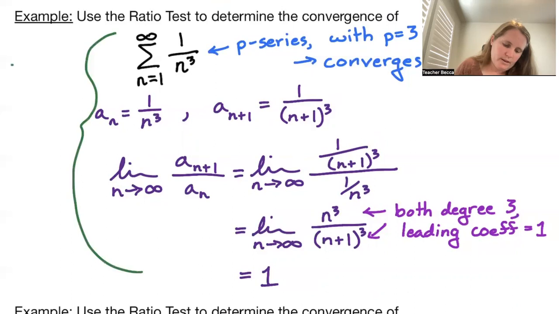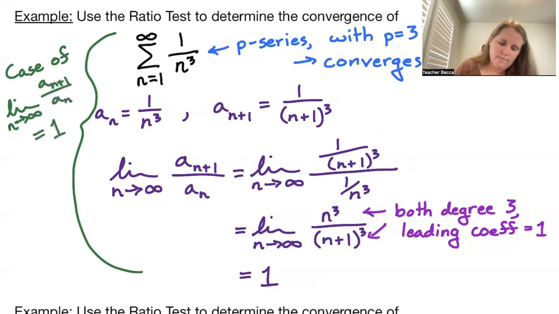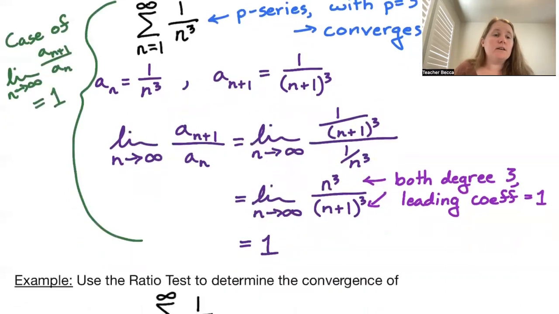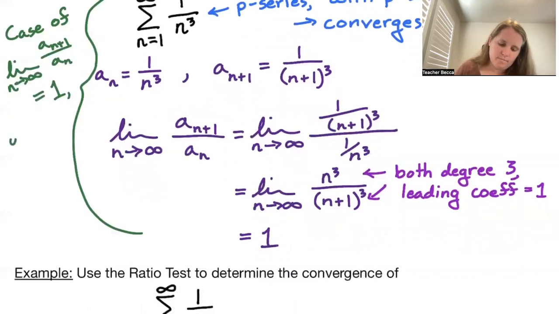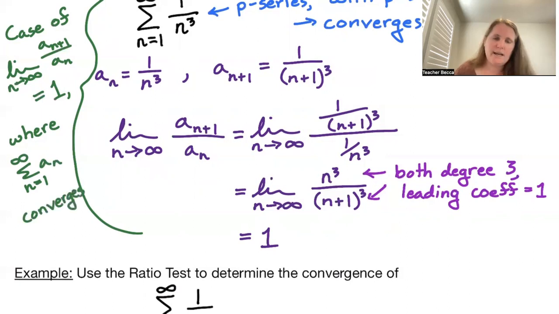So a case of the limit as n goes to infinity of a sub n plus 1 over a sub n is equal to 1, where the series converges. And now let's look at a case where we have divergence.